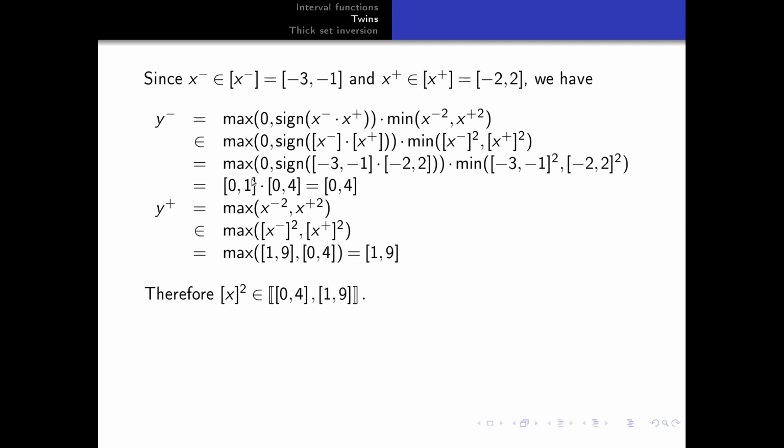If I apply this reasoning, I will obtain, thanks to the rules of classical interval arithmetic, an interval for y minus and an interval for y plus, and I am sure that the corresponding twin with this lower bound and this upper bound will contain all possible x squared. So since I have obtained the same result as before, I know that x squared is minimal, so it corresponds to the set of intervals which are the squares.